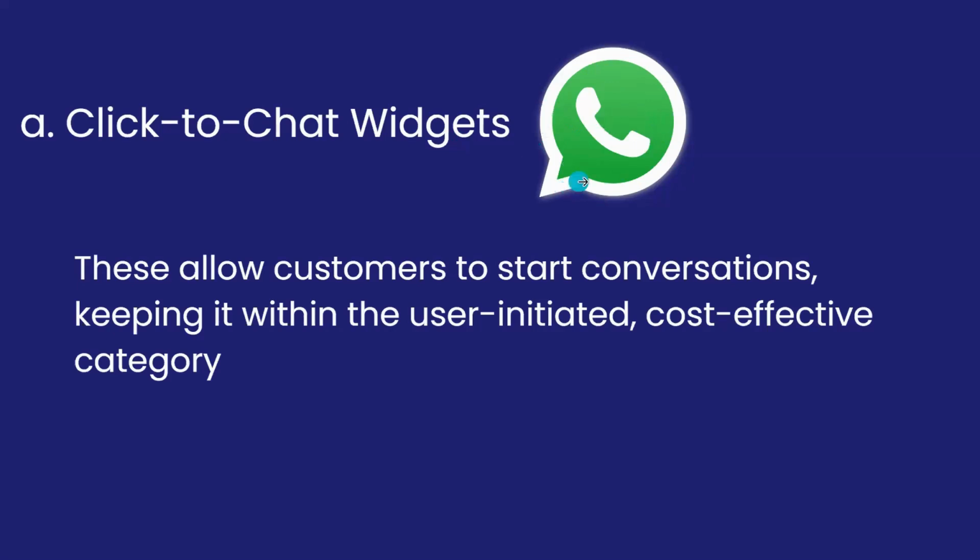Okay, so when they click on the button or when they click on WhatsApp, they'll be automatically redirected to text you, so that they are initiating the conversation and you're just sending the message or replying to them within that 24 hours window, right? So this is the thing. You can use click to chat widgets, or you can use click to text kind of links, etc., so that you're sending the messages.